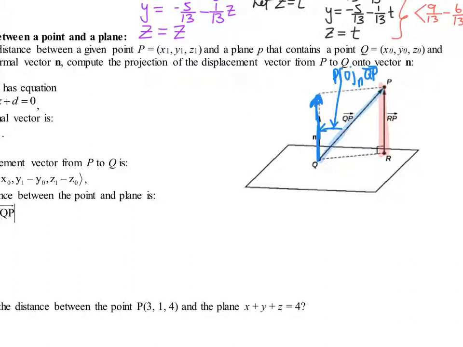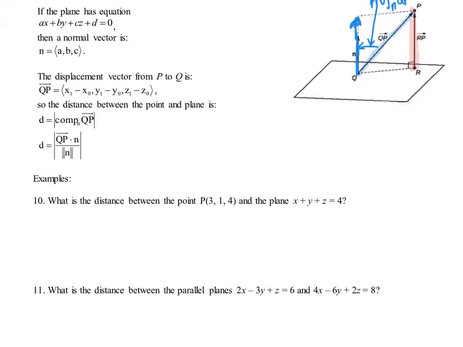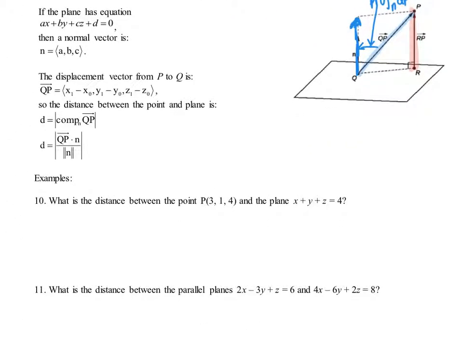I'll get into the proof next class. But that leads us to this idea, the component of QP in the direction of n, which in turn simplifies to this formula. And that's where the proof will come into play, because we went over how to derive the component form of a vector last unit, but it's not fresh.